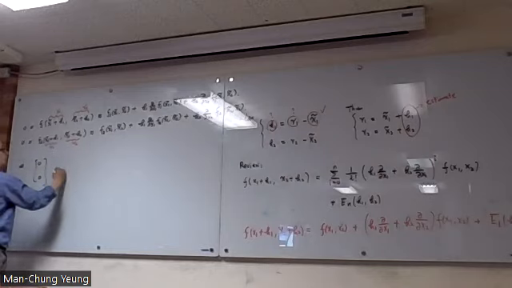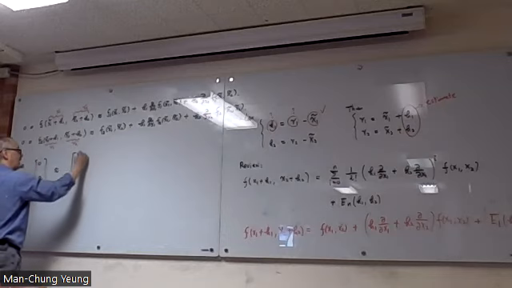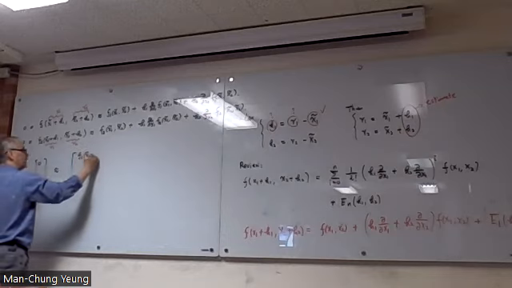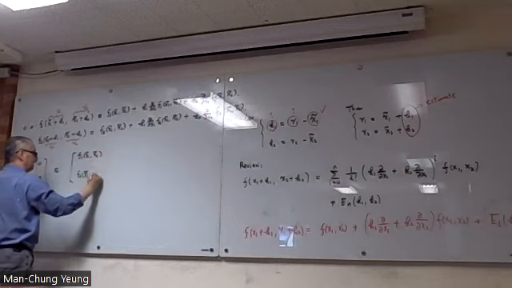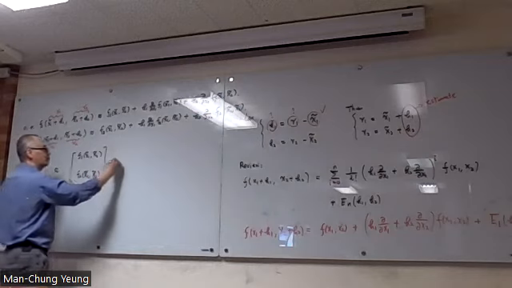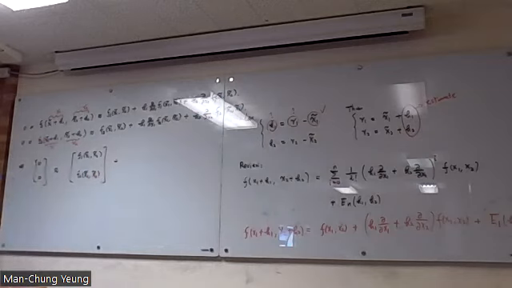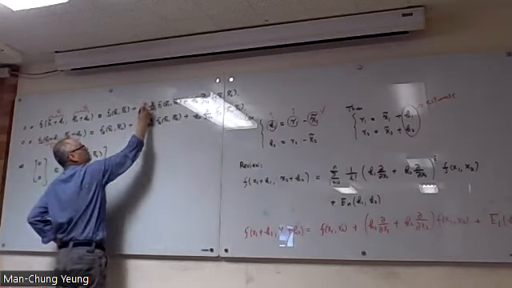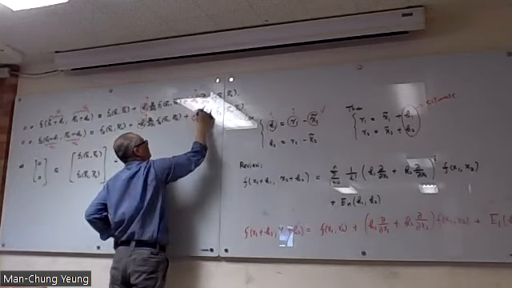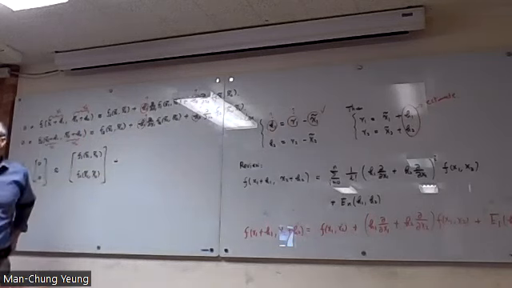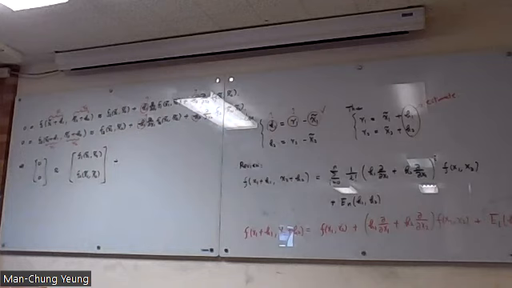F1 at x1 tilde, x2 tilde, F2 at x1 tilde, x2 tilde. H we don't know. X tilde we know. Function we know.